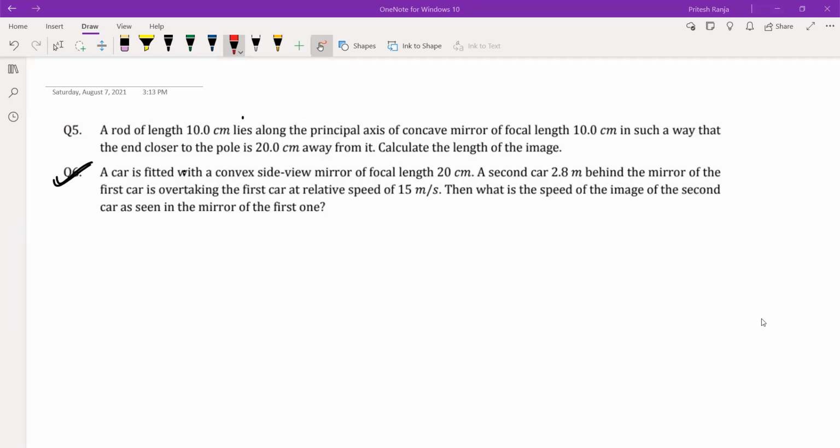Okay, one answer I can see. Everyone else quickly find it out.